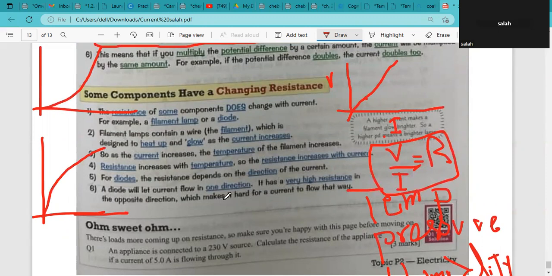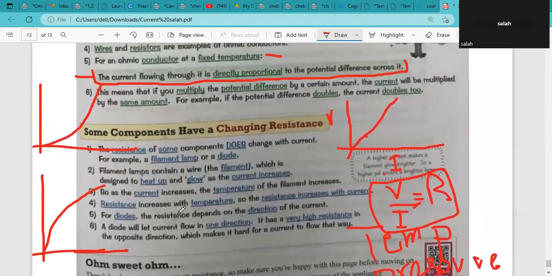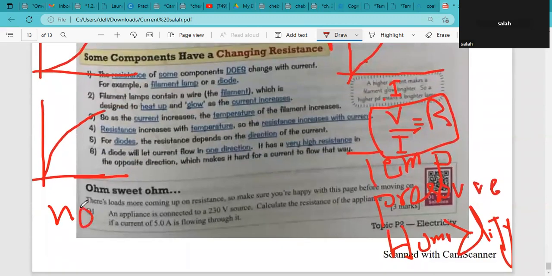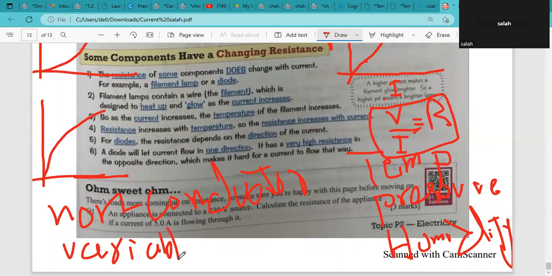So these are non-ohmic devices, or non-ohmic conductors, we can say. Non-ohmic conductors do not have constant resistance. They have variable resistance. Why? Because there is some change in their physical state, mostly in the temperature.